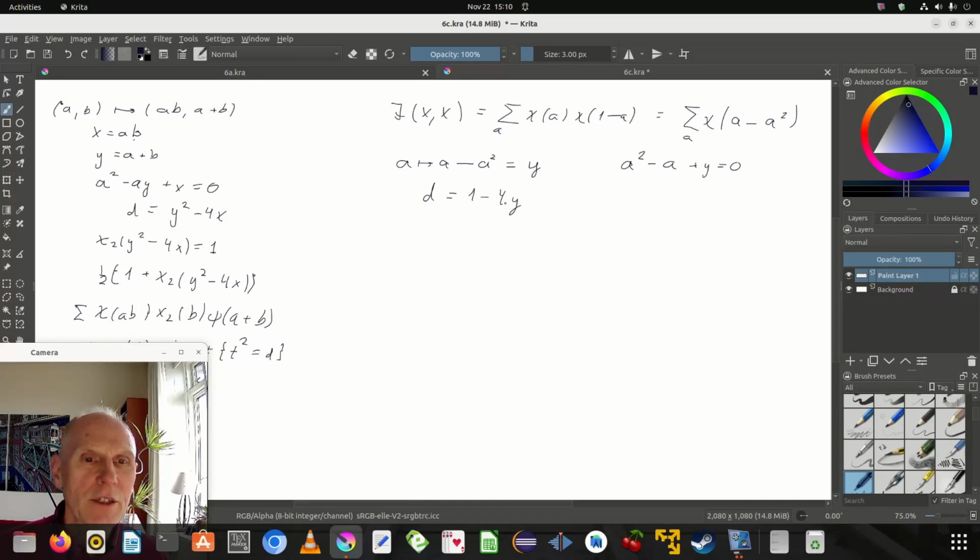And that means that when we have y, we already know the discriminant. Oh, it's still difficult to go backwards, isn't it? A itself equals 1 plus or minus the square root of d, halved.